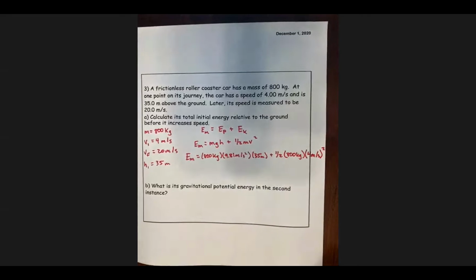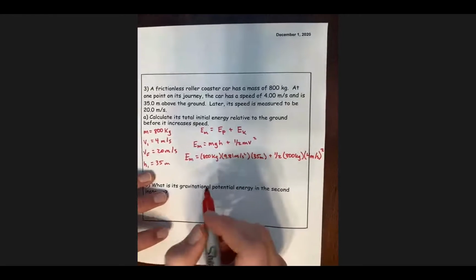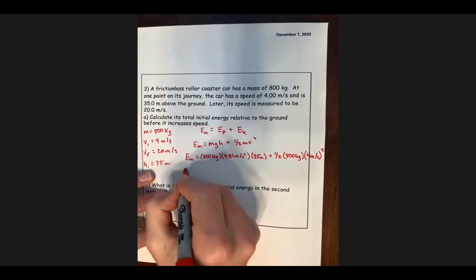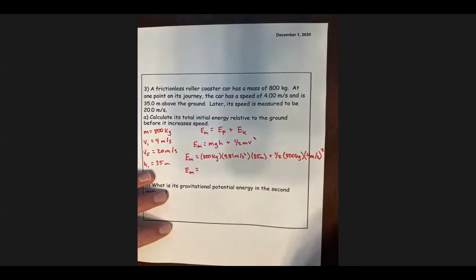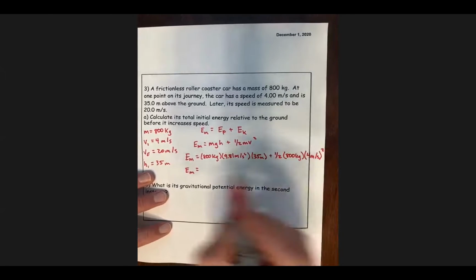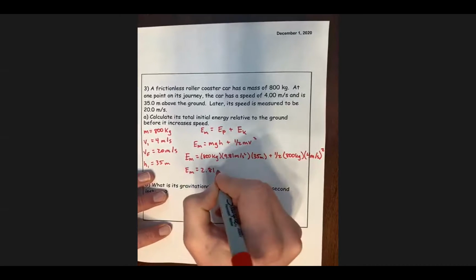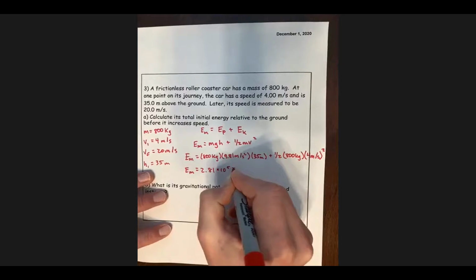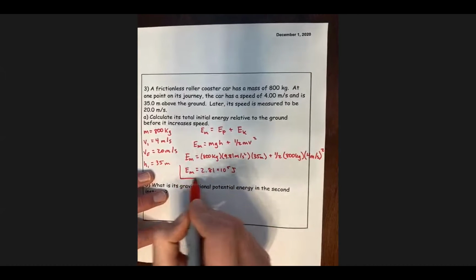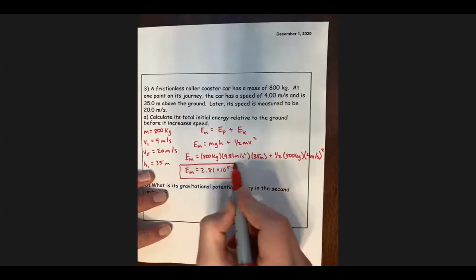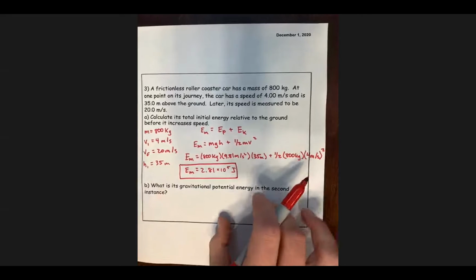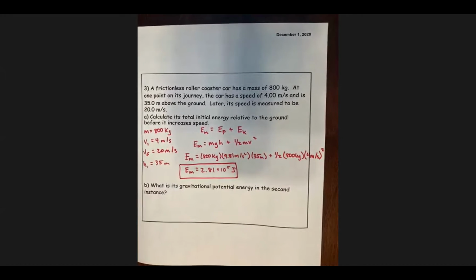Okay, so just punch it into your calculator, and with significant digits, we should get an answer of 2.81 times 10 to the 5 joules. Okay. All good?